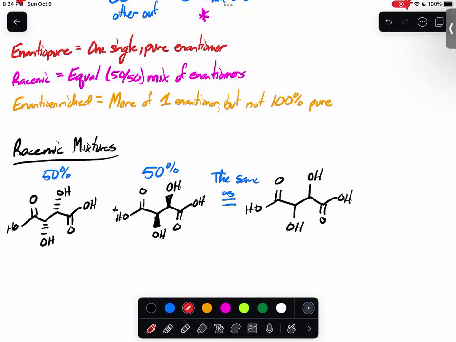Because remember, we know that these centers are chiral. So they clearly will have stereochemistry. But this straight line indicates that it is a racemic mixture.